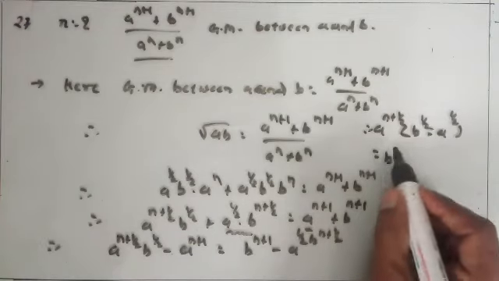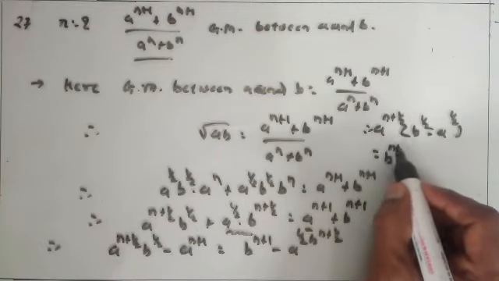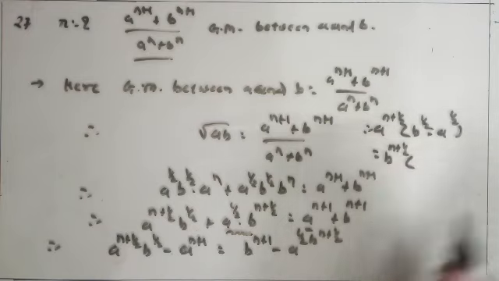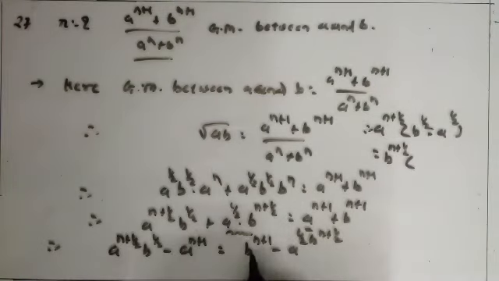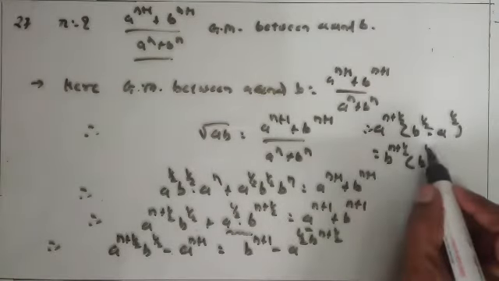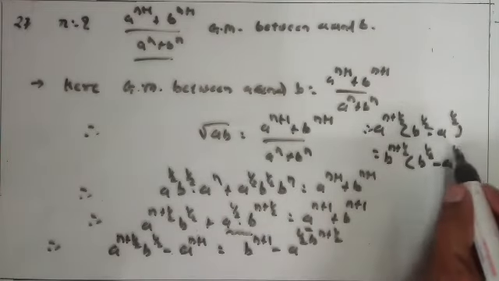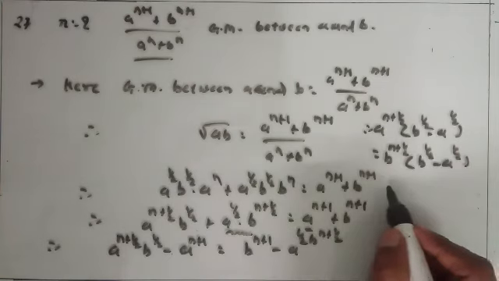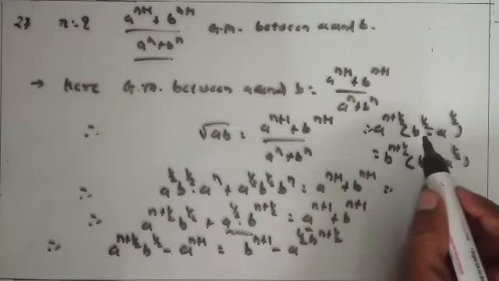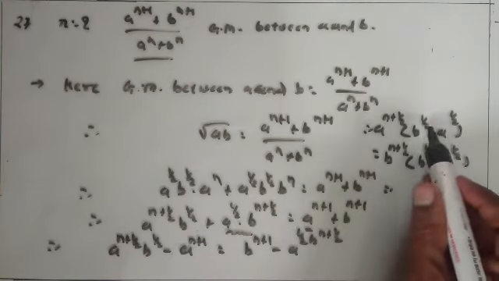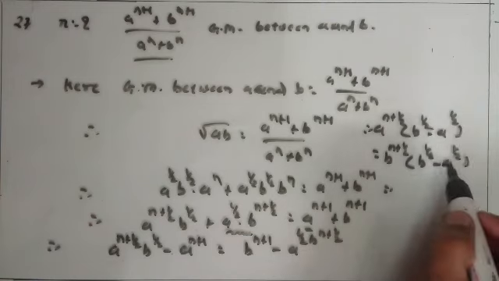In the bracket the remaining term becomes b^(1/2) minus a^(1/2). Clear? So from both sides b^(1/2) minus a^(1/2) cancel.